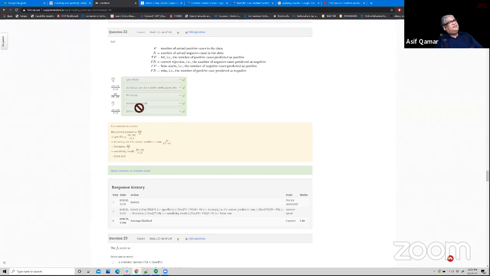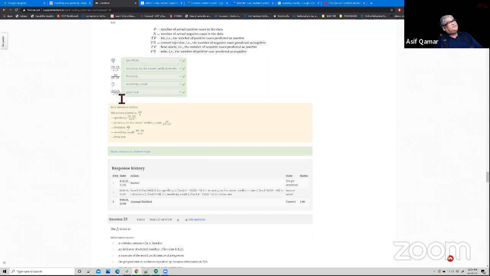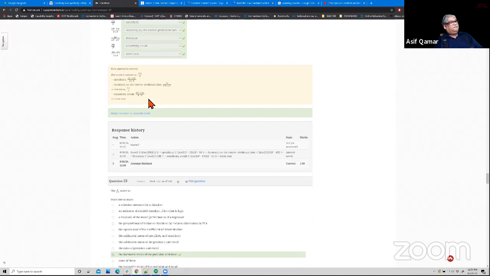That's why medical people tend to use sensitivity and specificity because their definitions are so simple. Sensitivity is true positive over positive. Specificity is true negative over negative. Error rate is, of course, the off diagonal in the confusion matrix. False positive and false negative, the proportion of those.